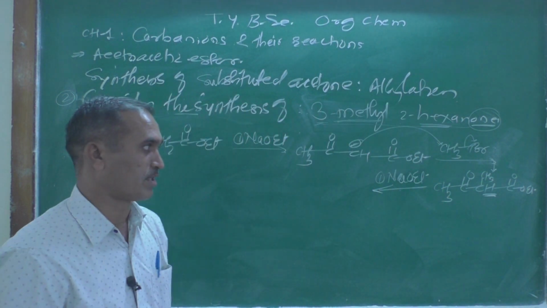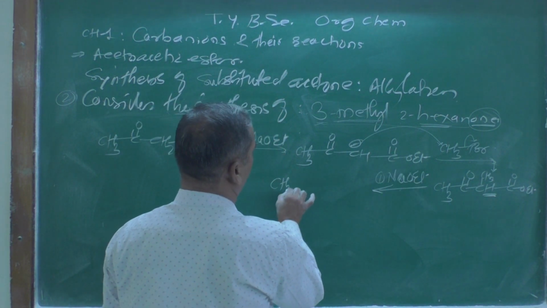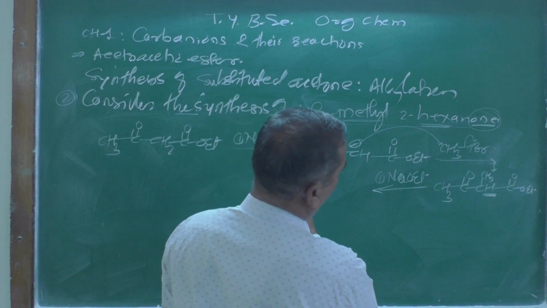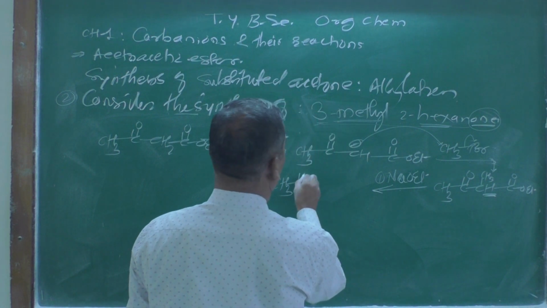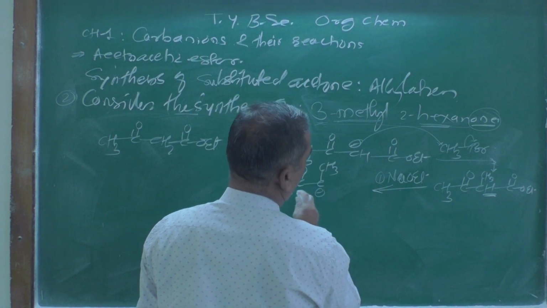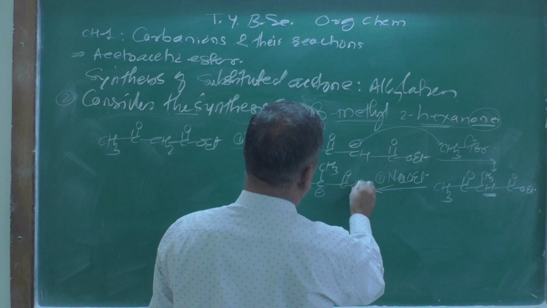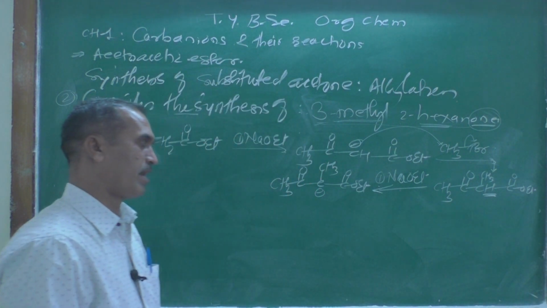Another hydrogen atom present on that carbon atom gets abstracted, and we get a carbanion over here, with C double bond O, OEt, right?